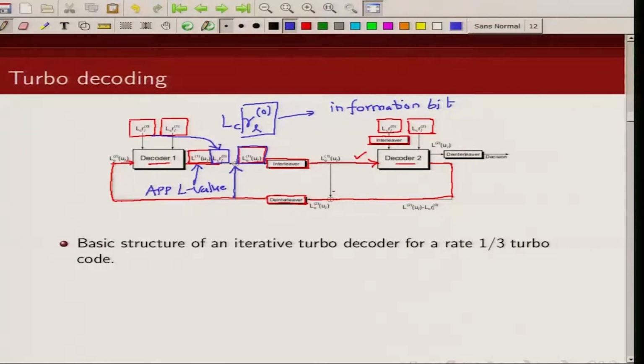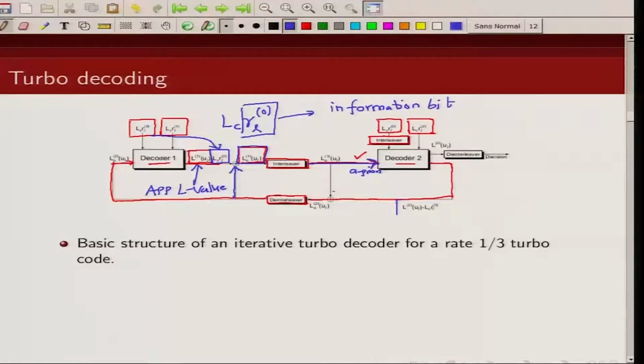What is left is the extrinsic information, and this information is interleaved, because the order of the information bits in the second decoder is an interleaved version of the order of bits in decoder 1. So, I interleave it and feed this as a priori information. So, this is how I compute the extrinsic information for decoder 1.